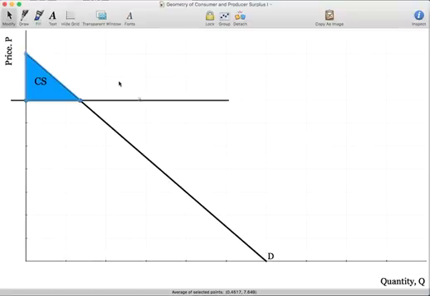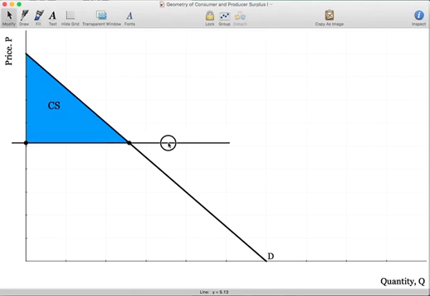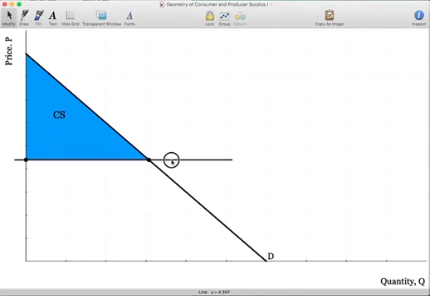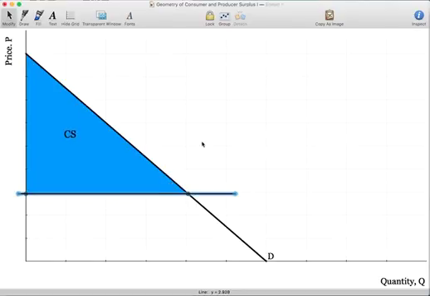Now the thing that you want to realize is what happens to consumer surplus when price falls. If I were to lower this price, you can see quite easily that consumer surplus is increasing as the price falls. And this is quite intuitive if you think about it yourself. Are you better off as a consumer with higher prices or lower prices?